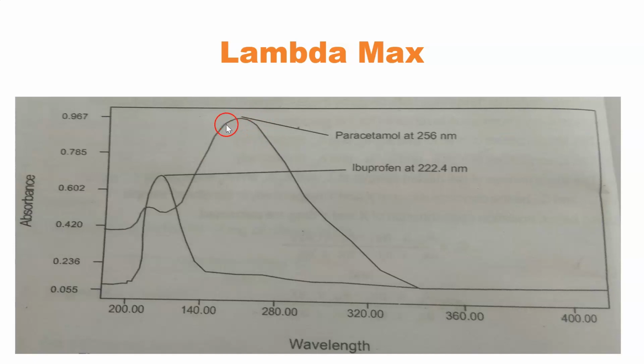You will get a paracetamol lambda max around 256 nanometer plus minus 2, and for ibuprofen whatever is given by your machine. You need to take that lambda max for further calculation. It is not mandatory that you copy this lambda max; whatever is given by the machine, please record it.